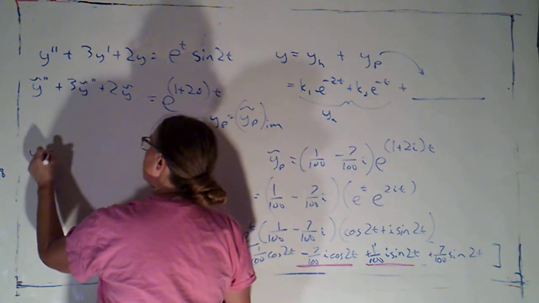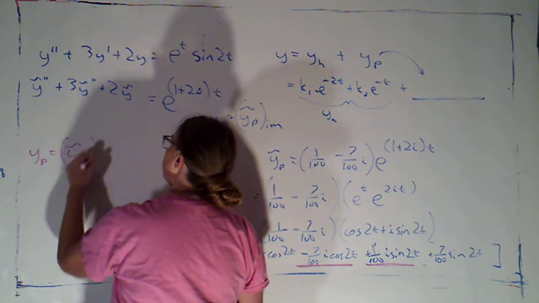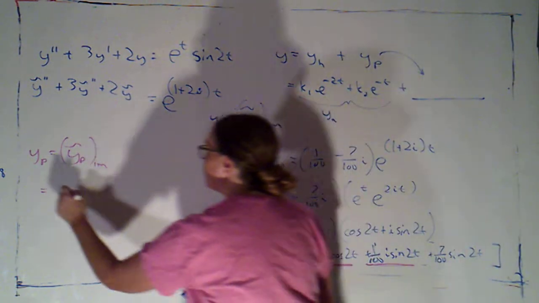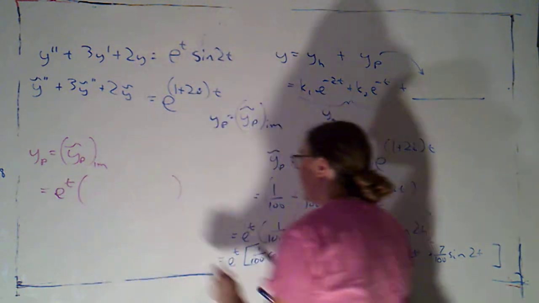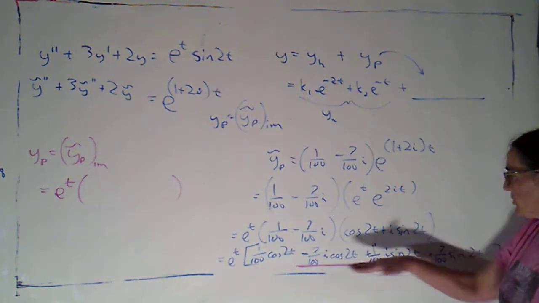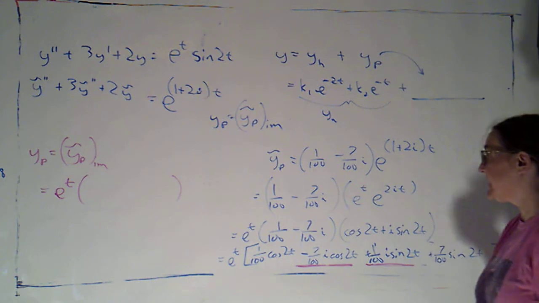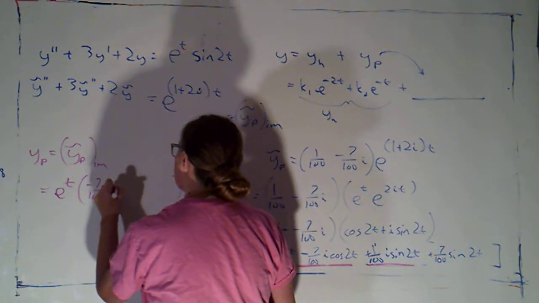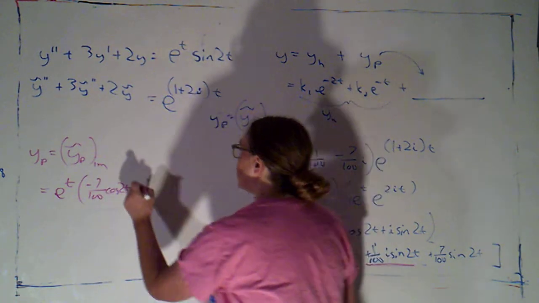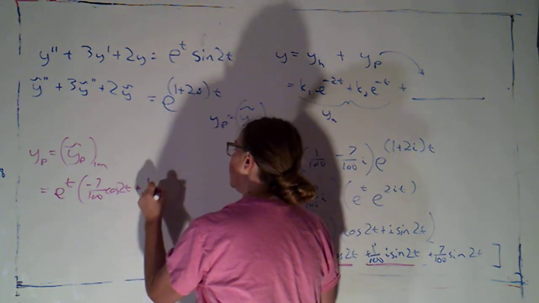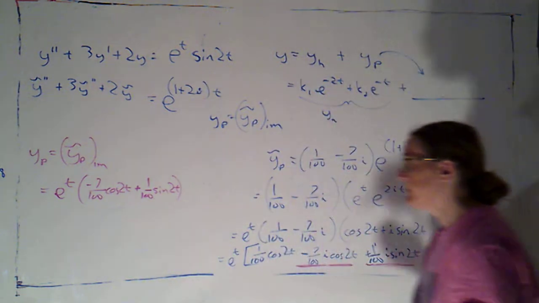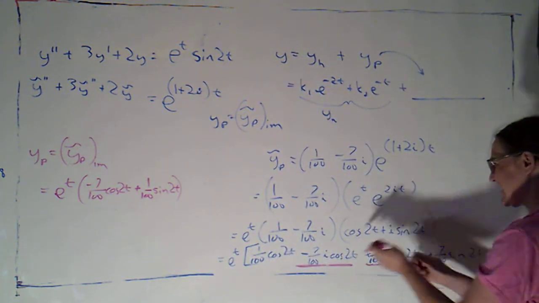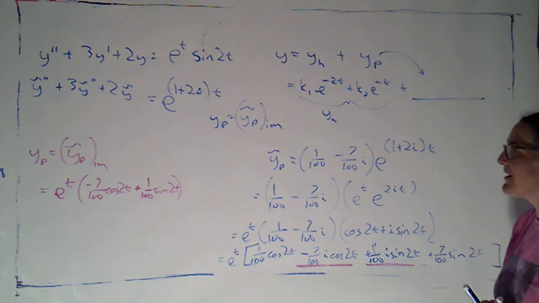So y_p, remember, was just y_p tilde, the imaginary part. That's just going to be e to the t times the two things that are being multiplied by i here. So negative 7 over 100 times cosine of 2t plus 1 over 100 times sine of 2t. Remember, the i is not part of the imaginary part. It just tells me which real coefficients I want to count.